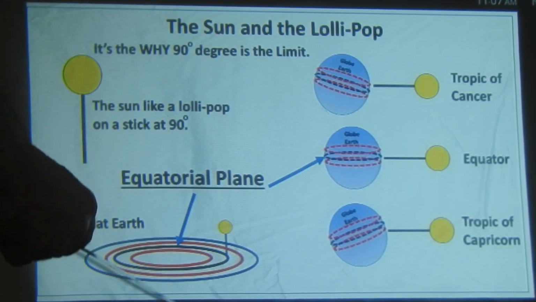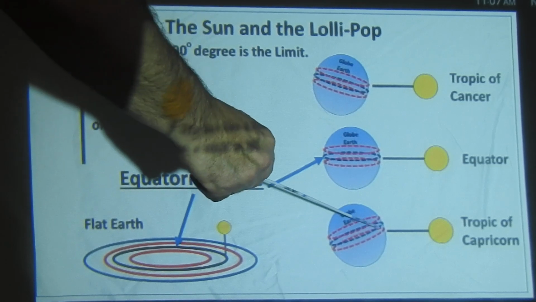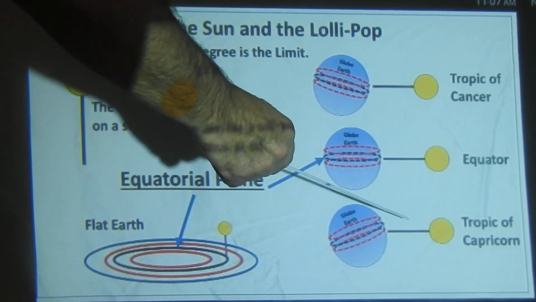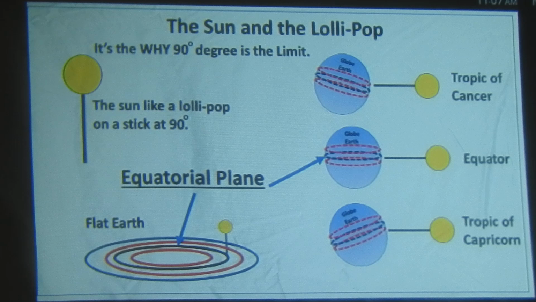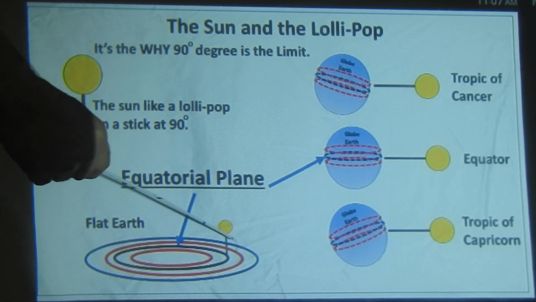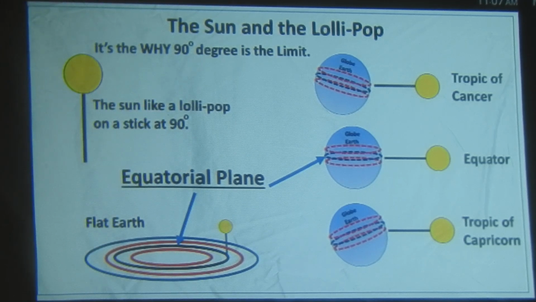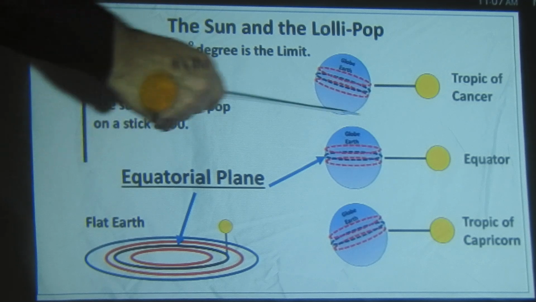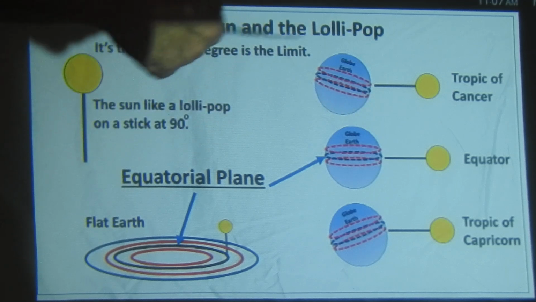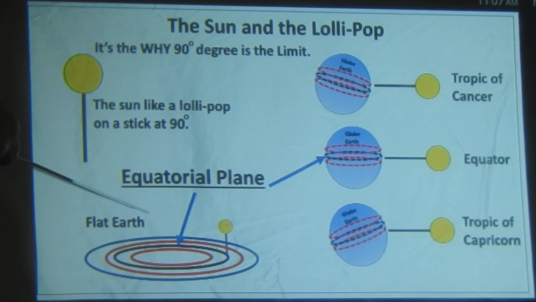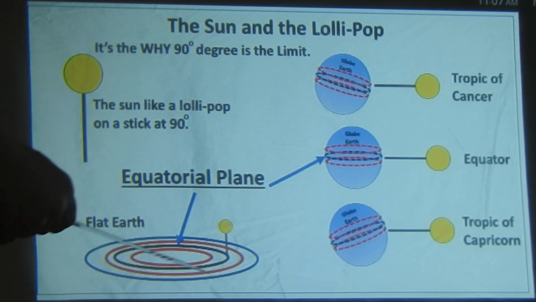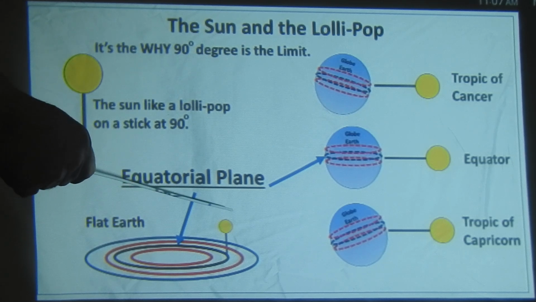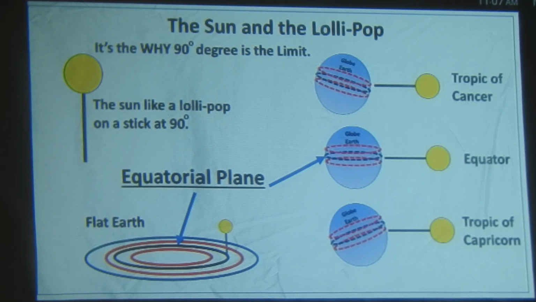There's a 0 degree declination. And then in the summer in the south, you get that tilt towards the summer sun in the south. Again, that globe tilting to maintain that 90 degrees, or that lollipop on the stick. On the globe model, it's just on the side, so it looks a little bit different. On the flat Earth model, as you see over here, it's different, where the lollipop on a stick orbits over the flat Earth in those rings.